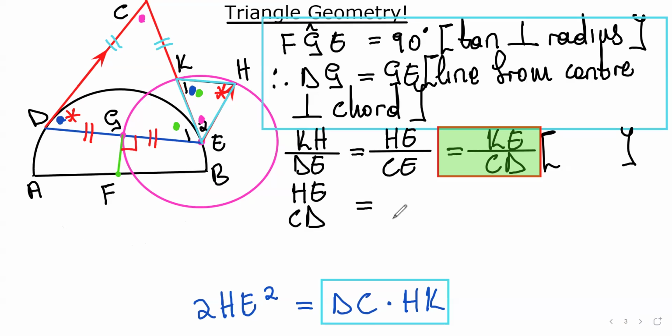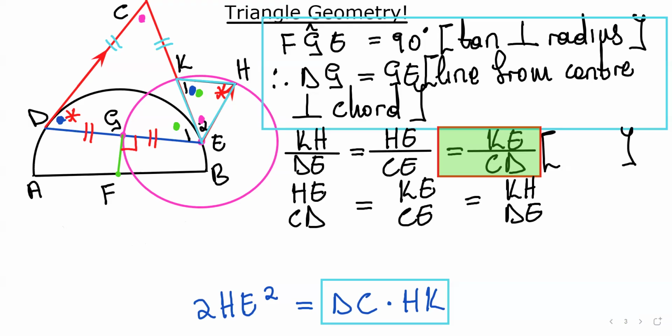And KE is now going to correspond with CE. And what is the remaining one? KH is simply going to correspond with DE. This is another way in which you could have written it.